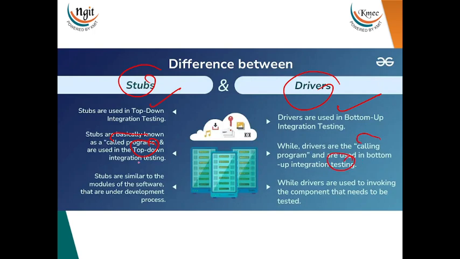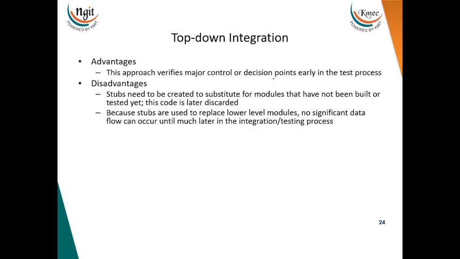The difference is a called program, that is simulation, versus a calling program. Stubs are similar to a model of software under development, while drivers are used to invoke the component that needs to be tested. Drivers are used for calling. If you have a printer, you install a driver, and only then can you use it. Means the driver is used to call the printer, whereas here it is simulation. This is the difference between stubs and drivers.